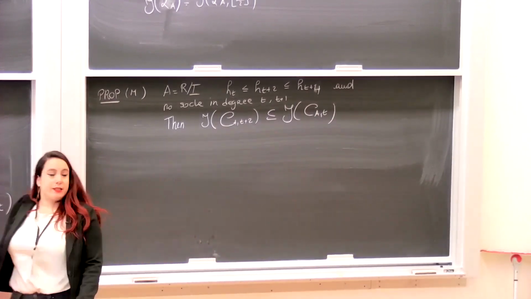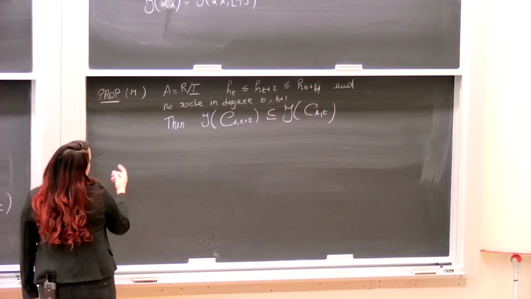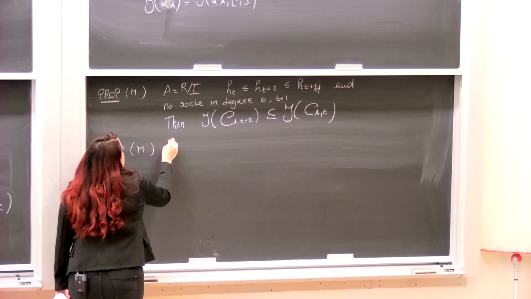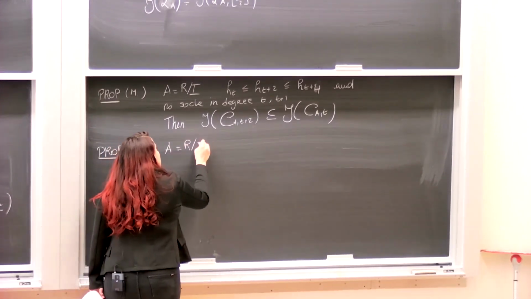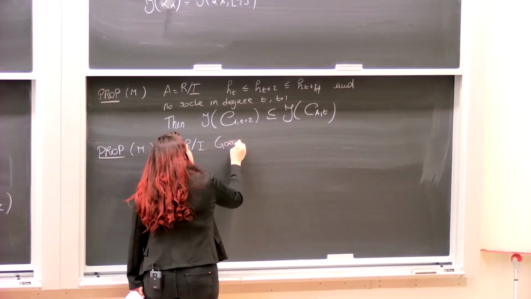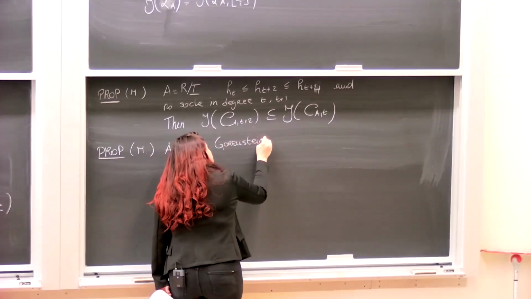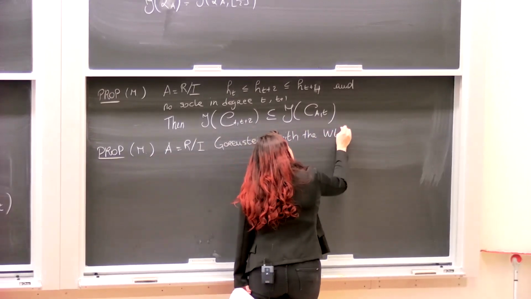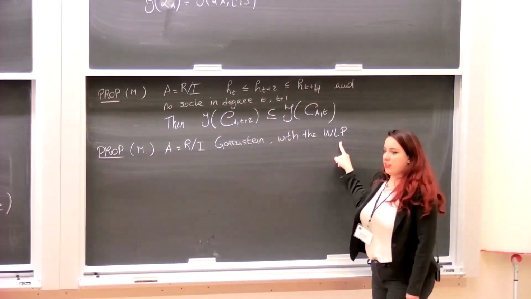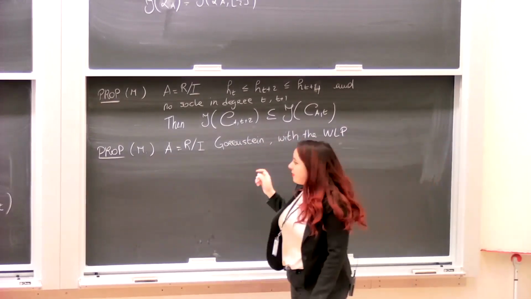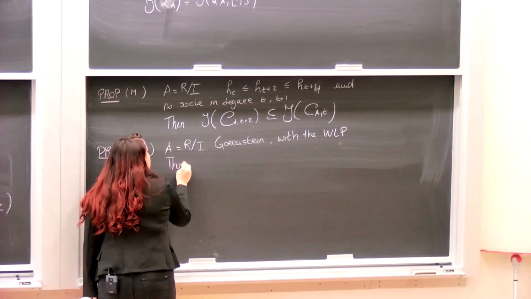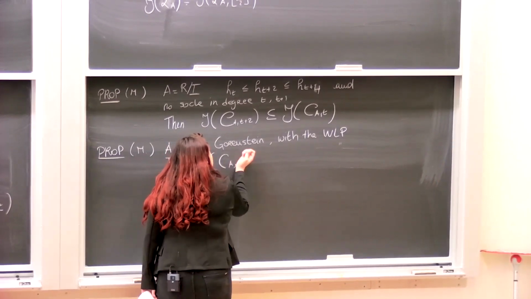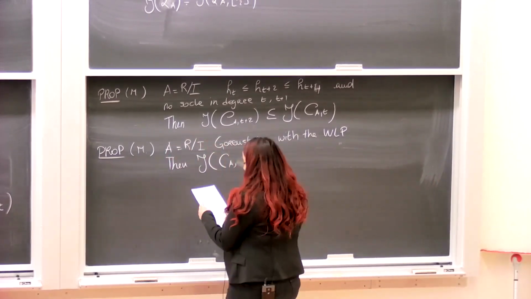Therefore, if you are looking at the case of a Gorenstein algebra, and I also assume it has the weak Lefschetz property, in this case I can actually conclude that the middle is the only thing that I need to check.